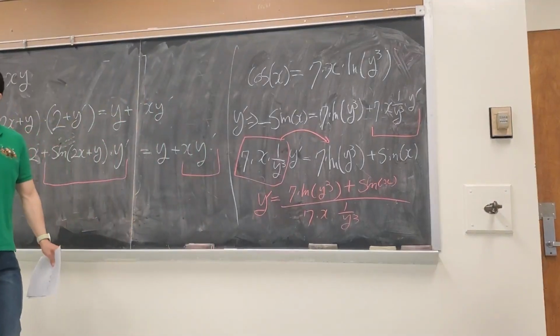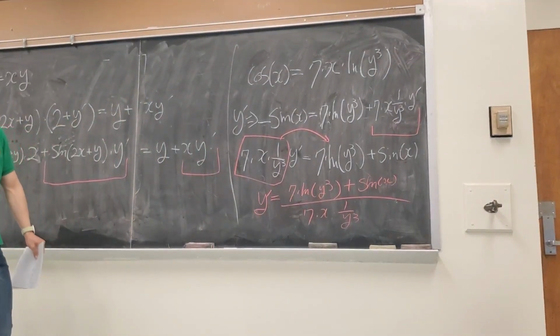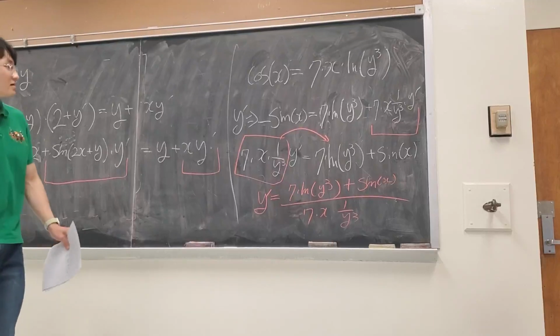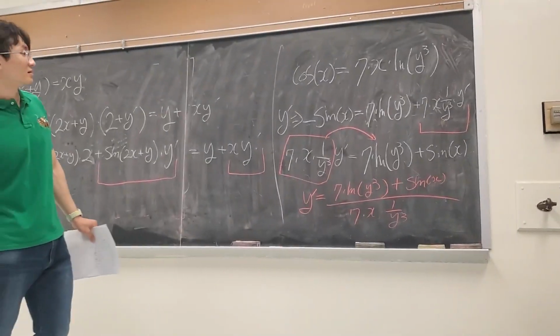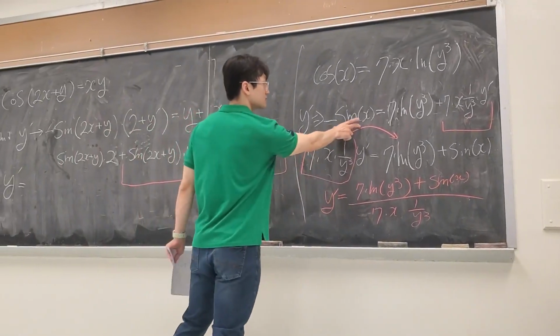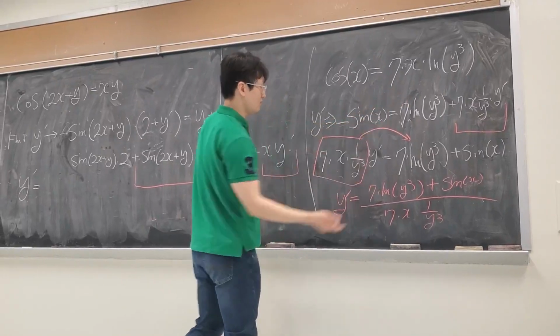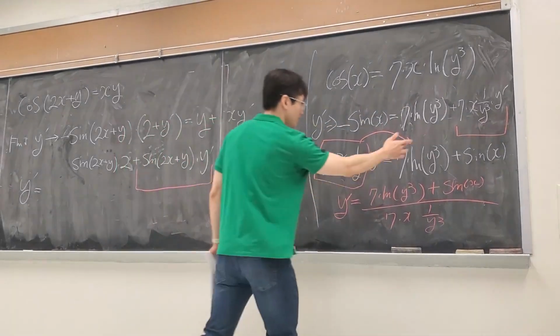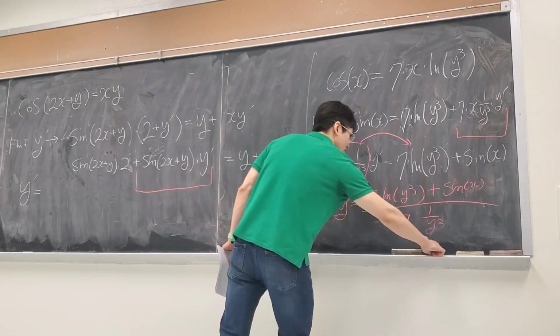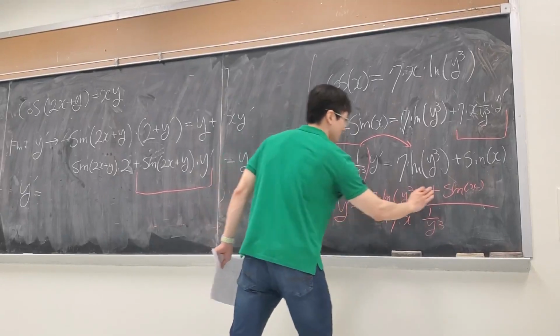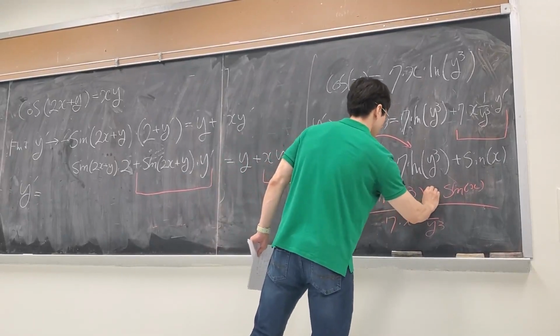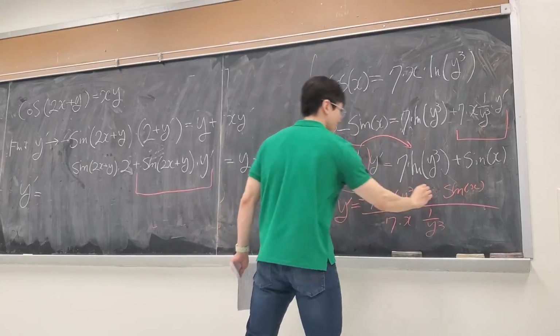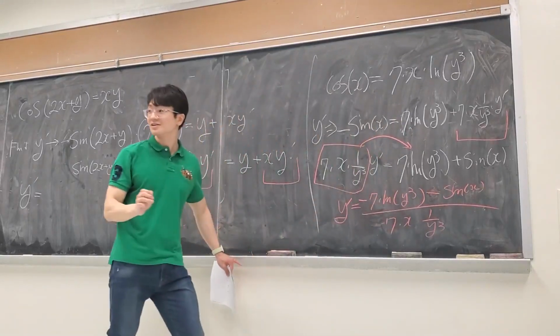Did I make this? Yeah. Well, you subtract that entire bracket to the other side, right? So would it be like negative 7x?